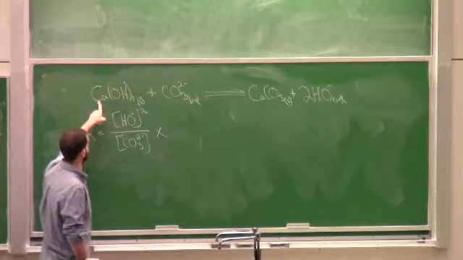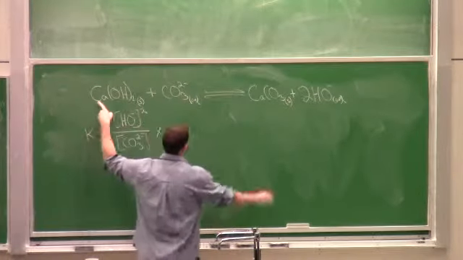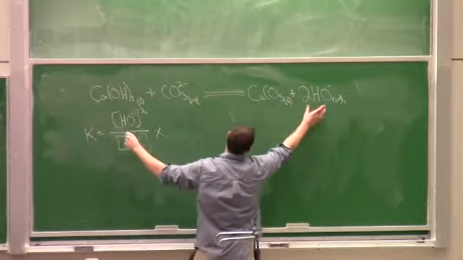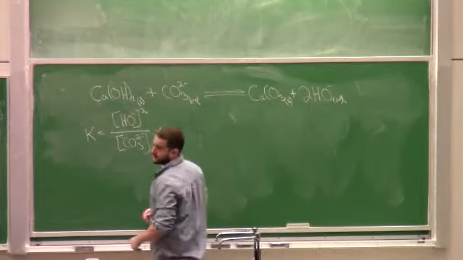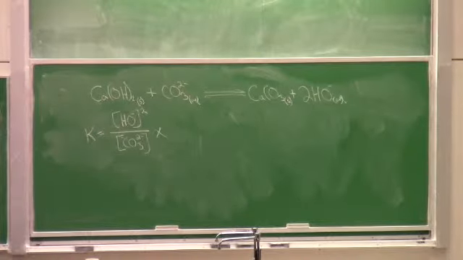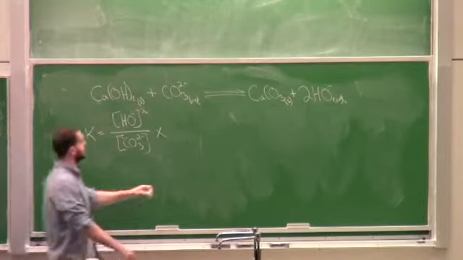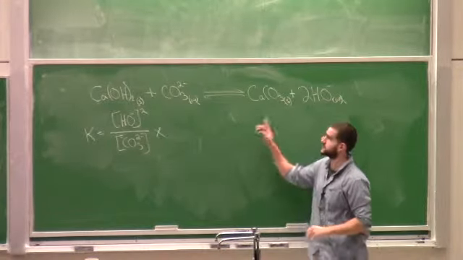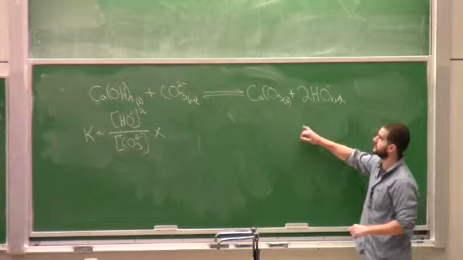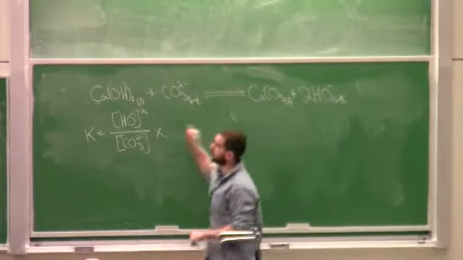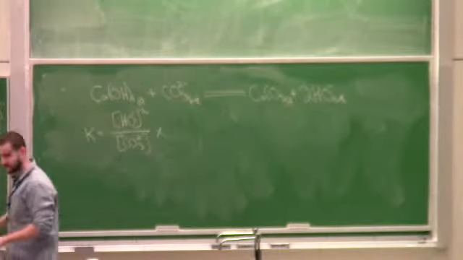Calcium hydroxide, dissolving to give you calcium ion, although it's complexed here, and hydroxide ion. I have to dissolve calcium hydroxide before I can make calcium carbonate. Similarly, if I look at this reaction going right to left, that is backwards, I have to dissolve, I have to kill calcium carbonate before I make calcium hydroxide.